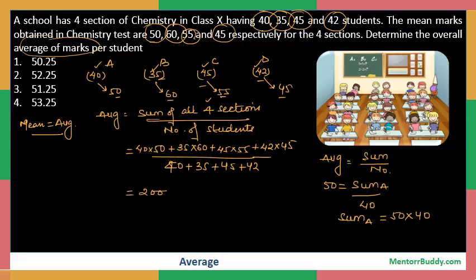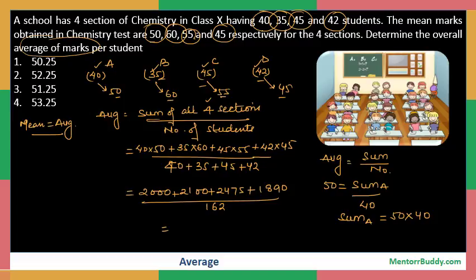40 into 50 gives me 2000. Similarly, 60 multiplied by 35 gives me 2100. Similarly, 45 into 55 gives me 2475, and the last one, that is 42 into 45, gives us 1890, divided by the total number of students, that is 40 plus 35 plus 45 plus 42, and therefore the number of students comes out to 162.